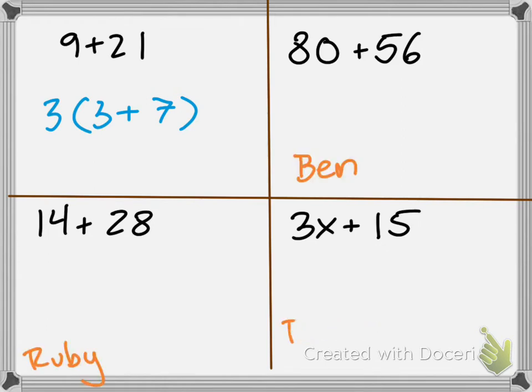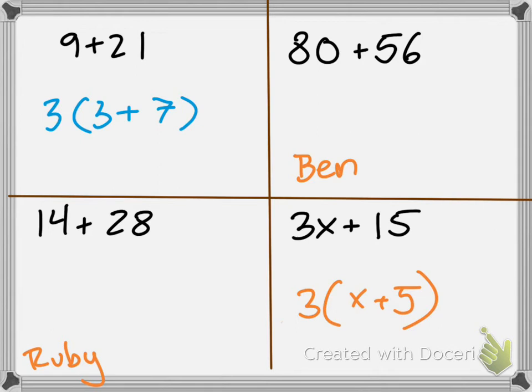Pearson's got his hand up, and his is the tricky one. So Pearson, what did you get? I'm probably wrong because I don't 100% get this, but I got 3 and then parenthesis thingy, x plus 5. He is perfect. That is exactly what we do.